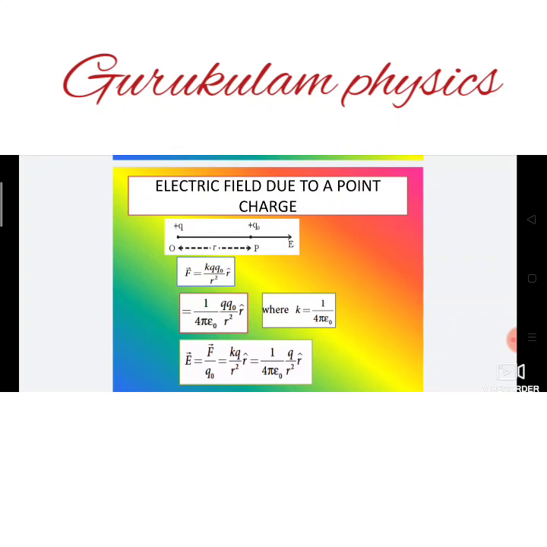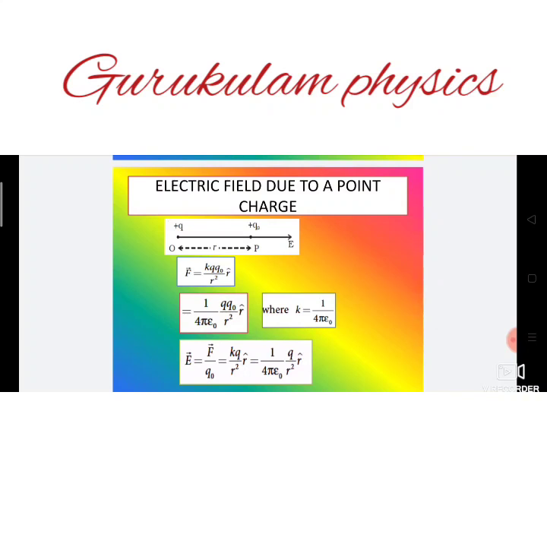In this picture, we can see the two charges. One is called the source charge plus q and the other is called the testing charge q naught. They are separated by a small distance r. It constitutes an electric dipole. What is called an electric dipole? Two charges separated by a small distance constitute an electric dipole.